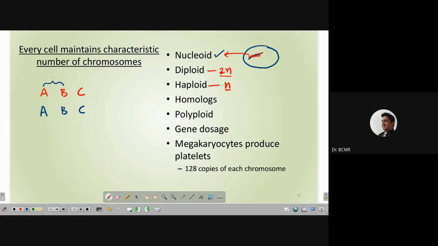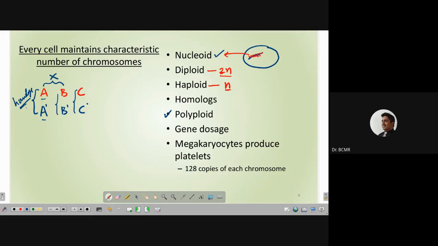A and B are not homologs, whereas this A and this A are homologs. That means they have the same sequence. Okay, chromosomes that have the same sequence like this, A and say I'll put A prime to differentiate, A and A prime are homologs. Here B and B prime are homologs, and C and C prime are homologs.